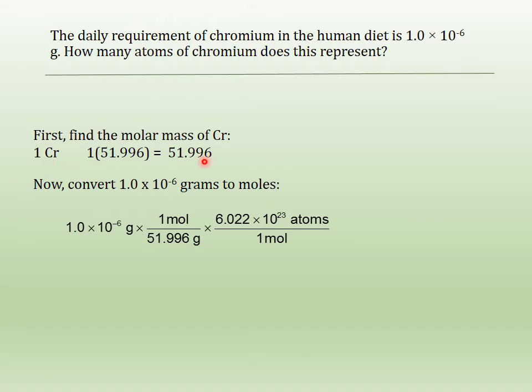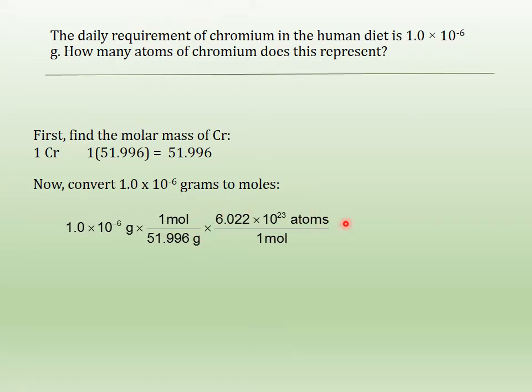So here is that mass, 51.996 grams per mole, and then you need to convert the grams to moles. Remember, there is no direct conversion between grams and the number of atoms. You literally will have to take everything into moles and then convert it into atoms or whatever else you need it for. So you start with 1.0 times 10 to the negative 6 grams, convert that into moles first as we have been doing previously, and then convert that number of moles into the number of atoms.